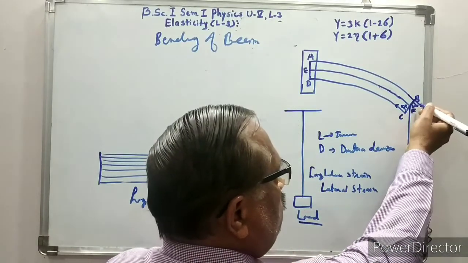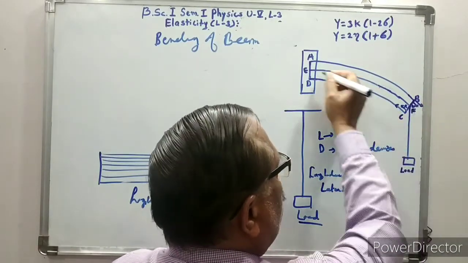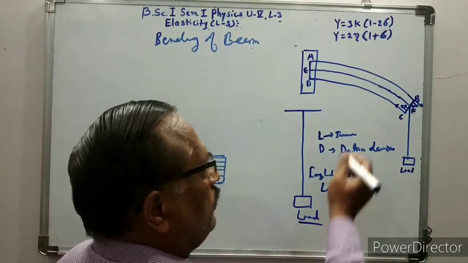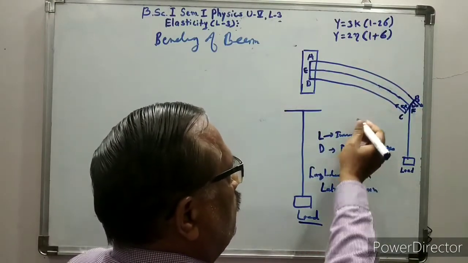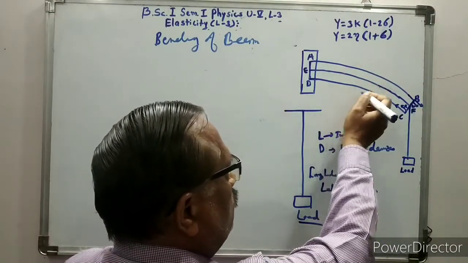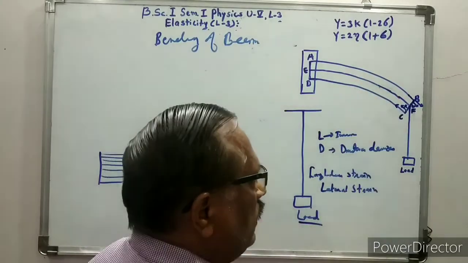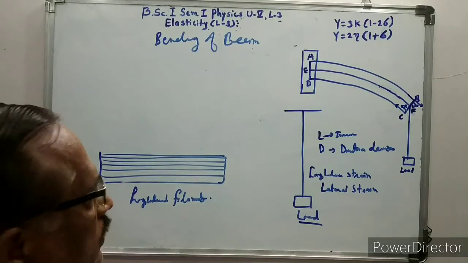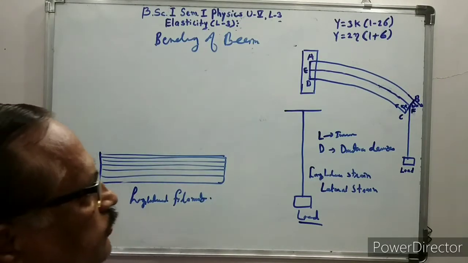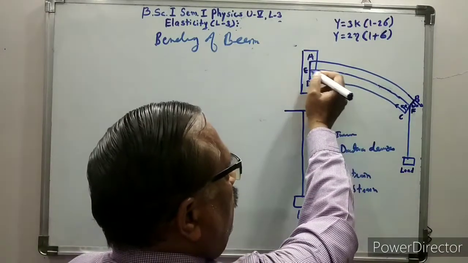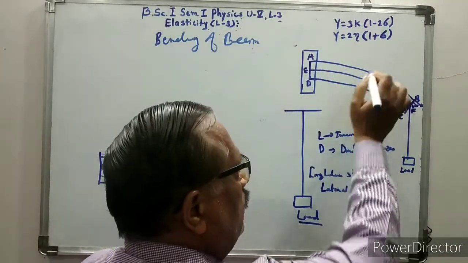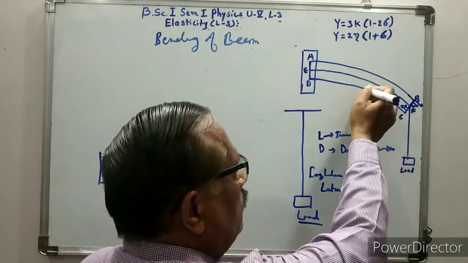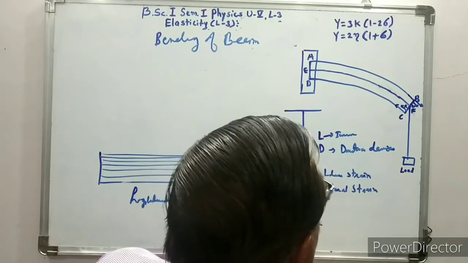Hence, due to these extensional forces, the layers above the middle get elongated and the layers below get contracted. So contraction and extension in the filaments will take place. Those filaments above the middle line get elongated, and filaments below the line EF get contracted.